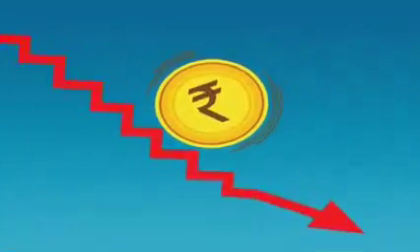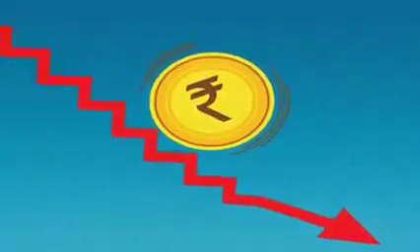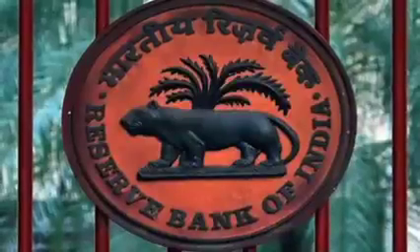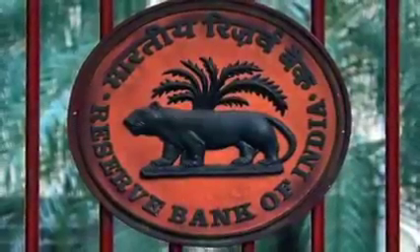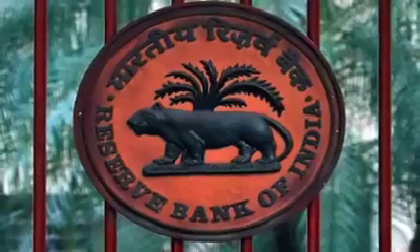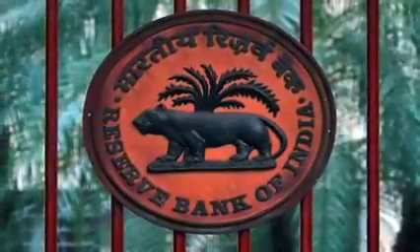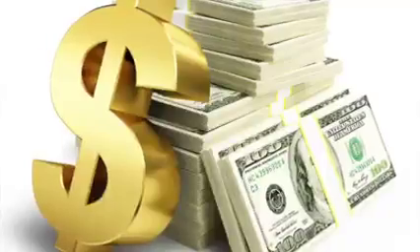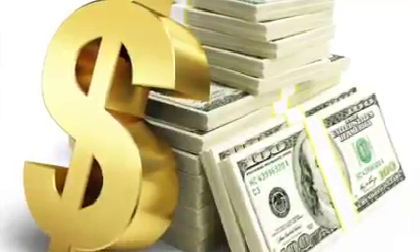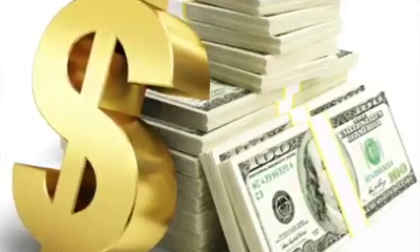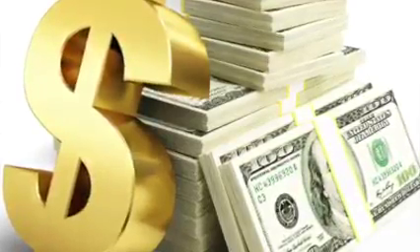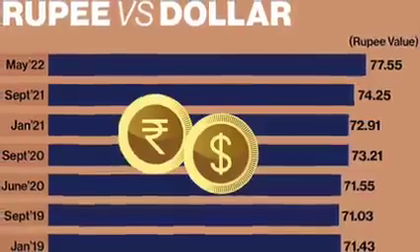If the value of the rupee continues to fall further, the Reserve Bank of India intervenes and stabilizes the value of our rupee. RBI maintains foreign exchange reserves. In some special circumstances, it releases them and reduces the demand for dollars, thereby maintaining the value of our rupee.